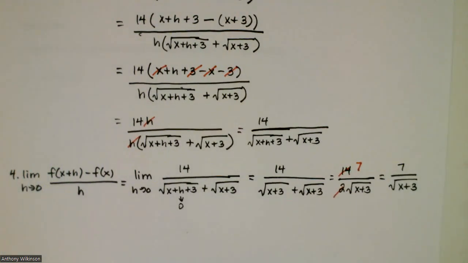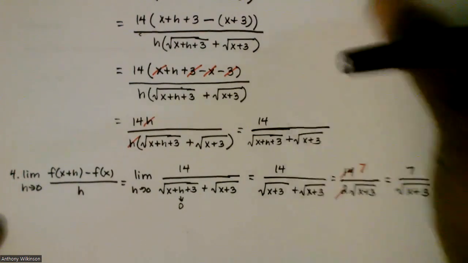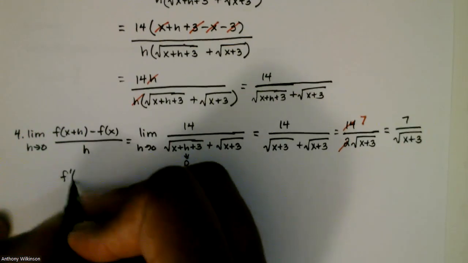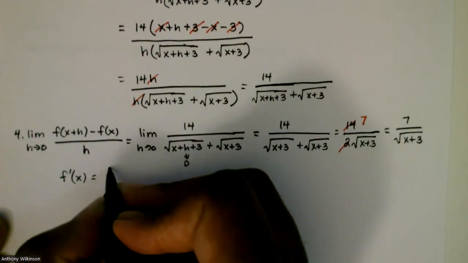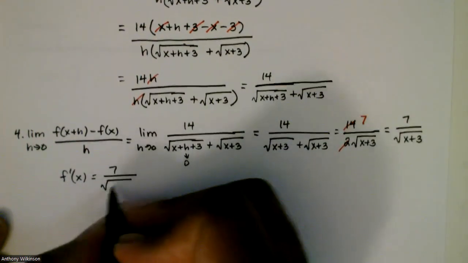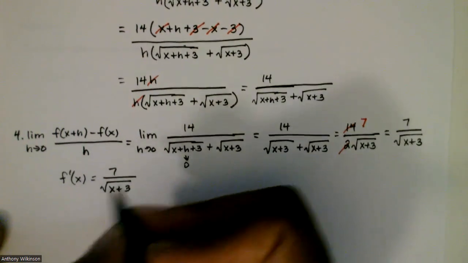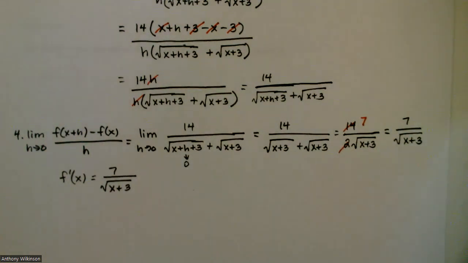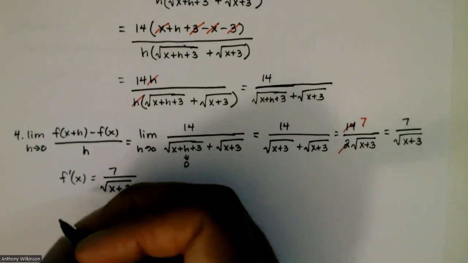And that's what f prime of x will be. So here, f prime of x equals 7 over the square root of x plus 3. And now let's find f prime of 4, f prime of 6, and f prime of 8.